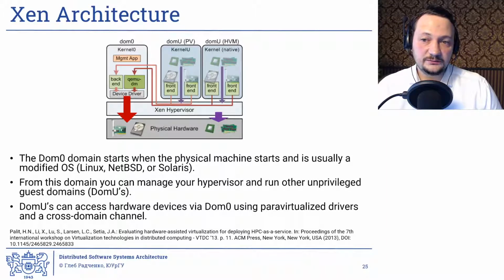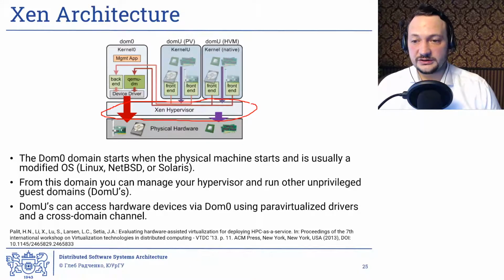On this slide, you can see how the Xen virtual machine works. So Xen is a hypervisor. You can see it here. And it is working directly on top of the physical hardware without a basic operating system.